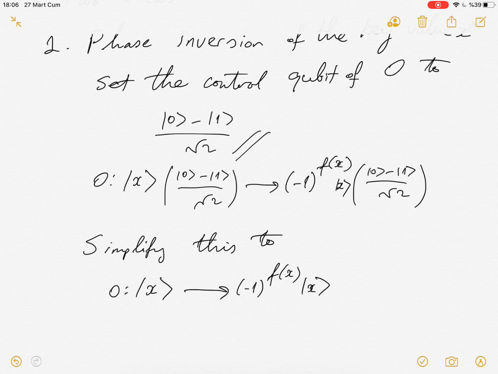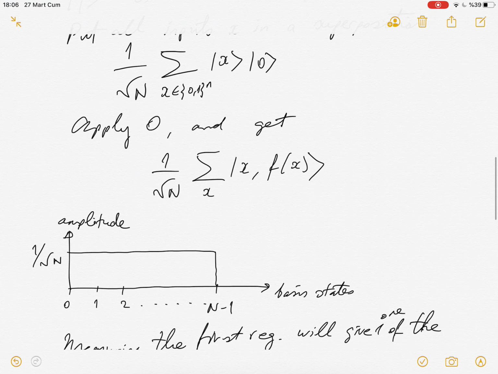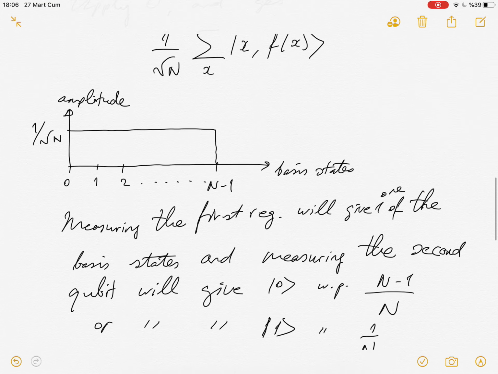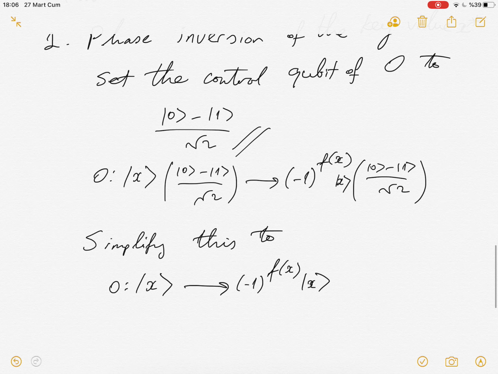All right, so then depending on the value of f of x, if x is equal to the key value x star, then f of x star will be equal to 1 by definition of the function here. So then we have minus 1 to the power 1.